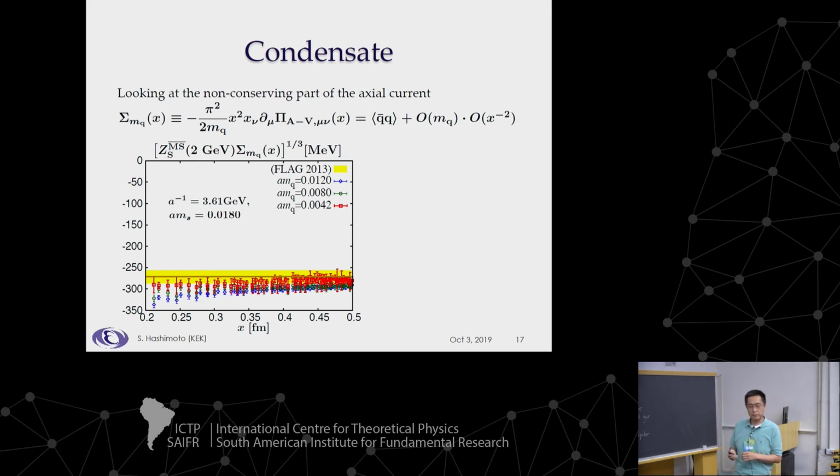By looking at the difference between the vector and the axial vector, one can be sensitive only to the non-perturbative corrections, from where you can actually extract the chiral condensate from the OPE. If we do that, we obtain this kind of data that is consistent with the nominal number that is known for some time for the chiral condensate, 250 something MeV cubed.